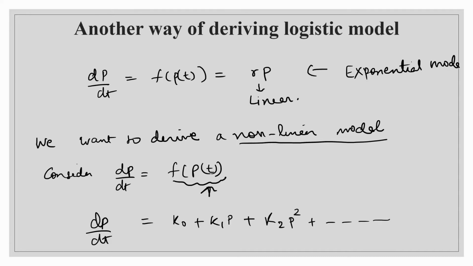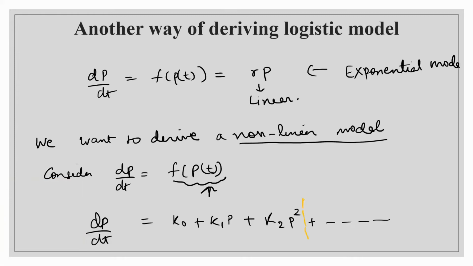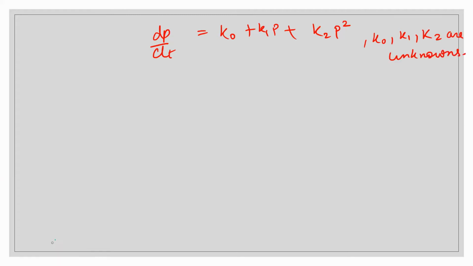Now we will terminate our series here and consider only this much of the differential equation, so dP/dt is equal to k0 plus k1 P plus k2 P squared, where k0, k1 and k2 are unknowns.